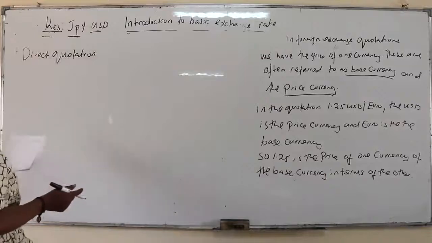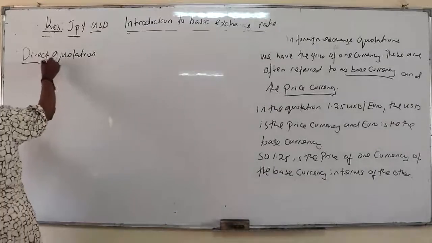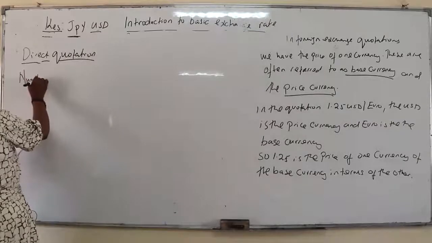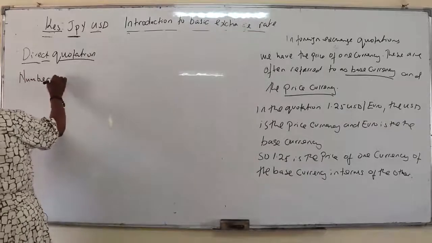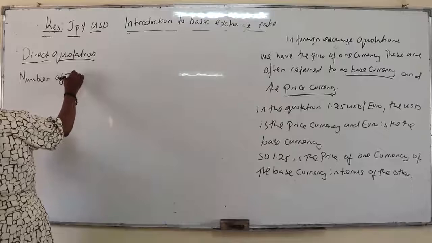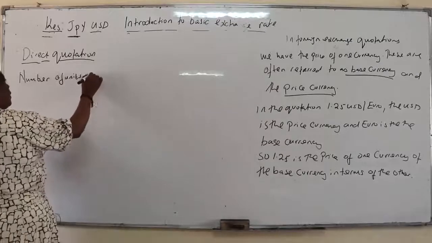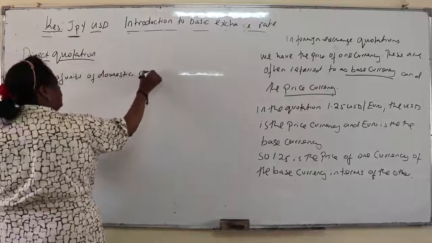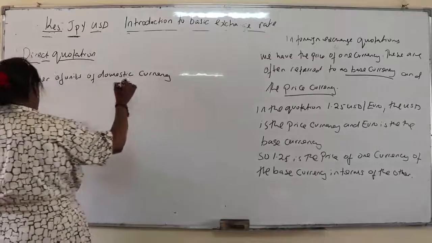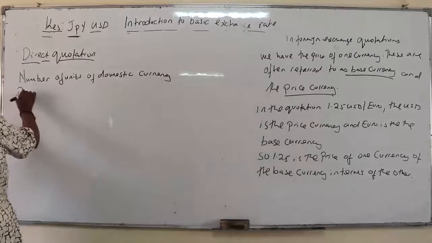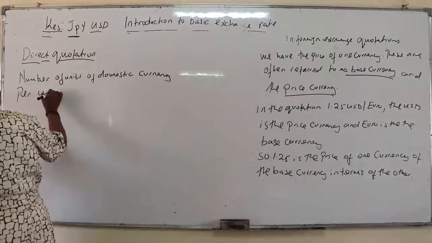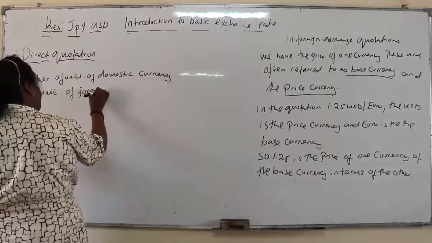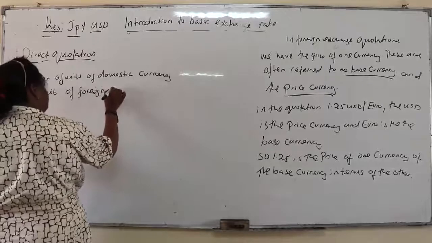So direct quotation, we can say that the direct quotation is number of units of domestic currency per unit of foreign currency.